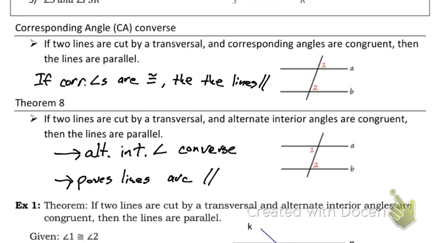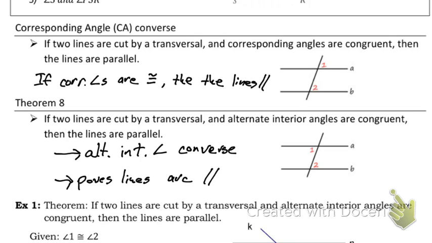So when you're dealing with alternate interior angles now, you have to decide what direction you're going. Are you trying to prove that alternate interior angles are congruent and use that fact? Or are you trying to show that two lines are parallel? If you're using the fact that you already have parallel lines, you're using Theorem 6. If you're proving lines are parallel, then you're using Theorem 8.